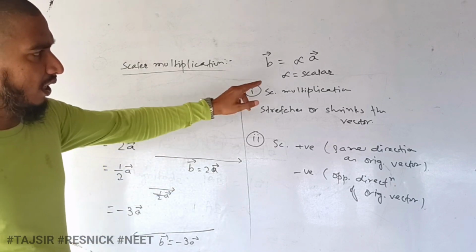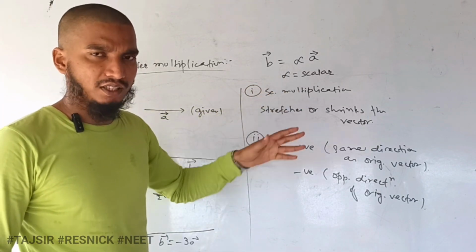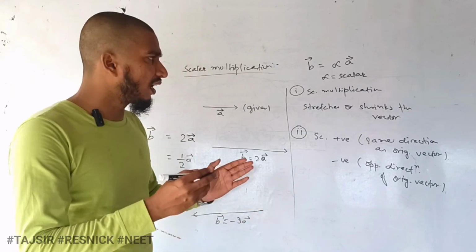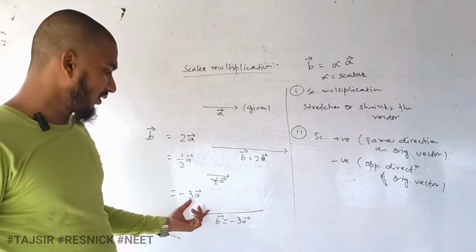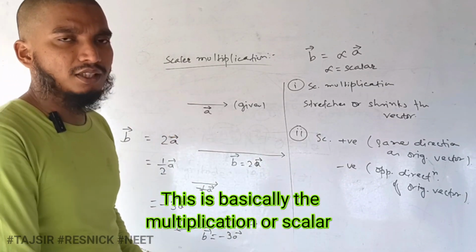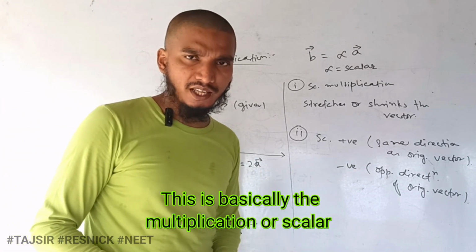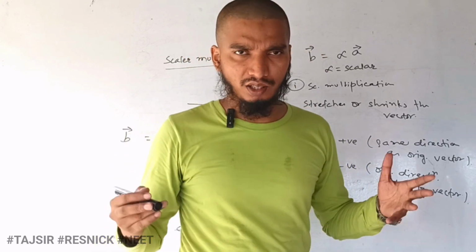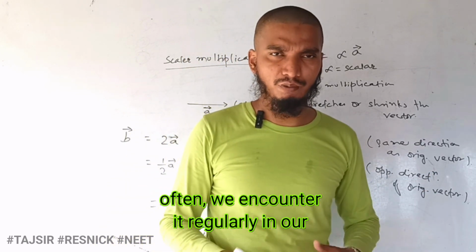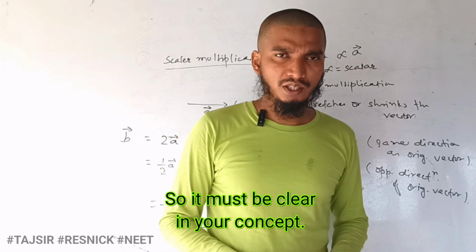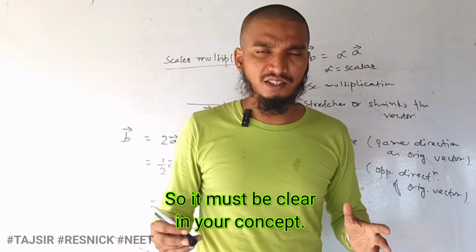And this alpha could be negative, which means shrinking or stretching of the original vector in the opposite direction, as in this case. So this is basically the scalar multiplication of a vector, and we encounter it regularly in our physics study, so it must be clear in your concept.